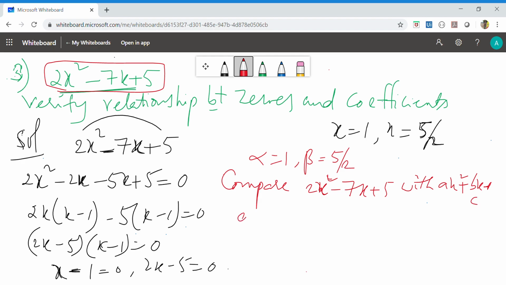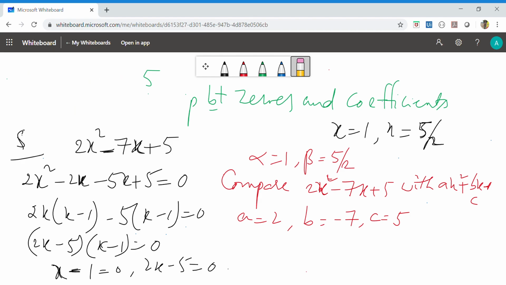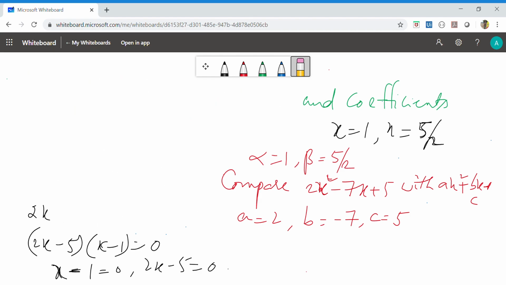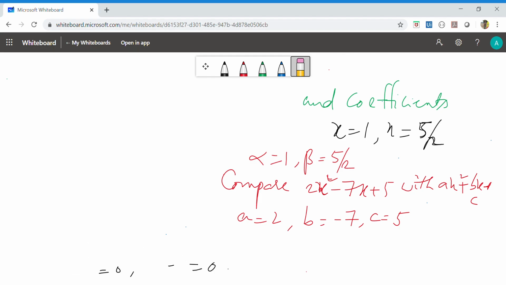So a is equal to 2, b is equal to minus 7, c is equal to 5. Then you have to find the relationship, with alpha, beta the zeros and a, b, c the coefficients.